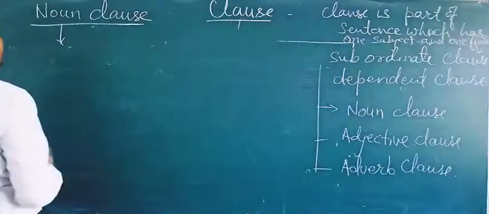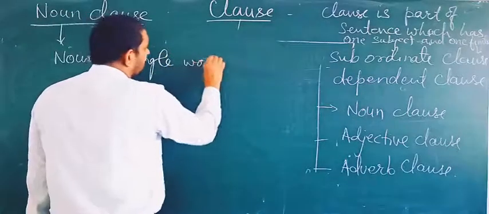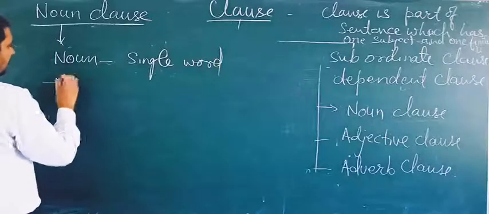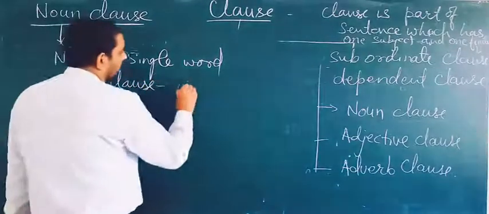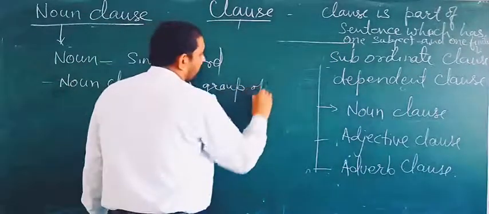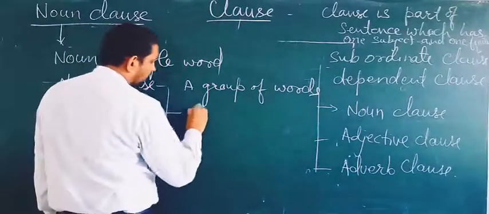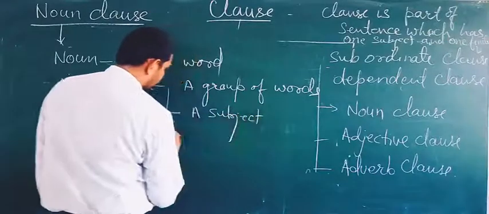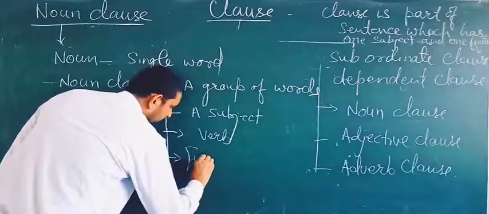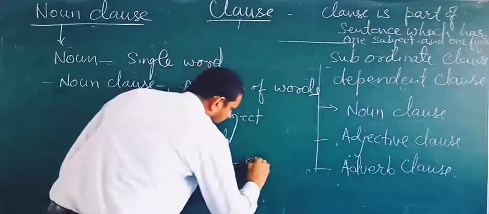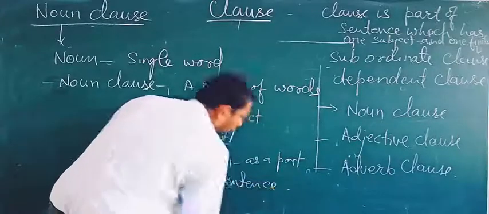the difference between noun and noun clause: noun is a single word, but a noun clause is a group of words that has a subject, that has a verb, and functions as a part of a sentence.